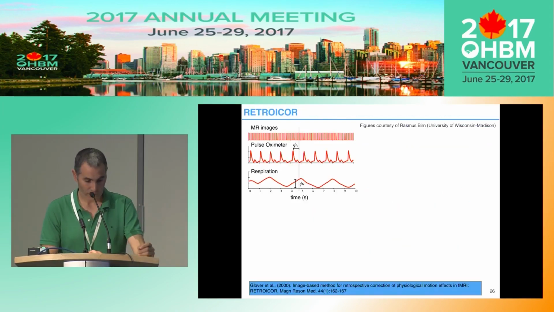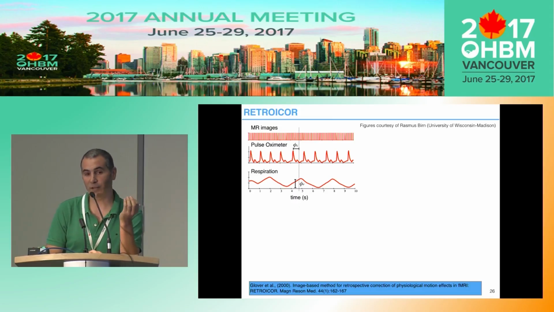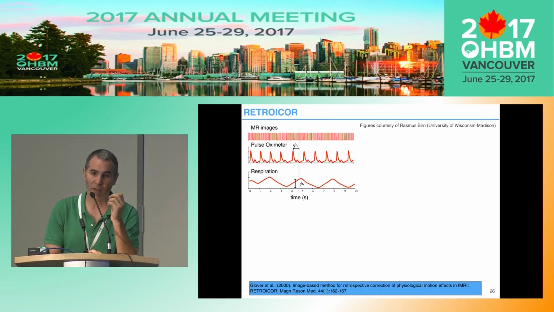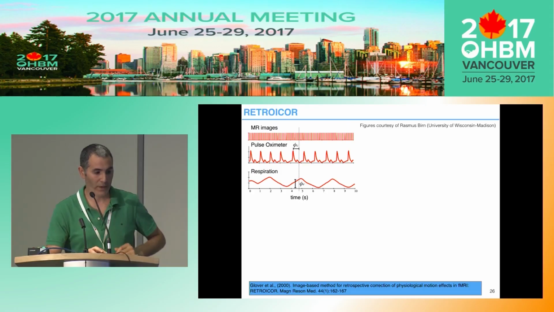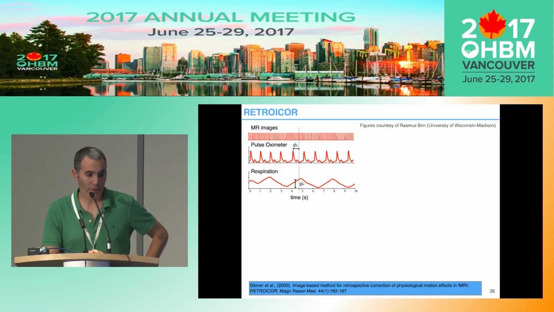And then you can use that information in order to remove these physiological noise components of the signal. So probably the most popular approach is RETROICOR, where you basically compute the phase of the cardiac pulse and the respiration with respect to the timing of acquisition of each slice.